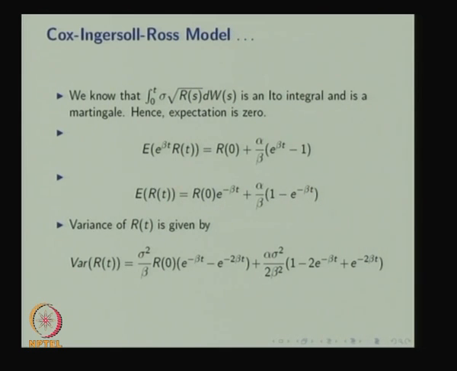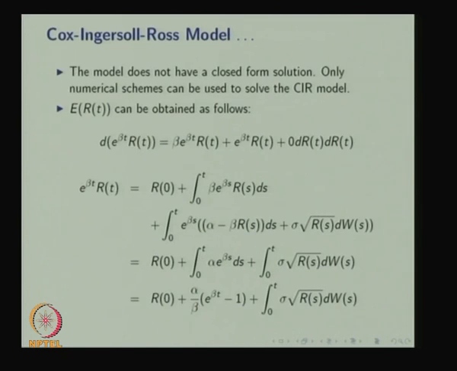So, in this CAR model, we are not giving the closed form solution because the Ito formula does not work, whereas we are finding the mean and variance of R of t using the mean and variance of the Ito integral.